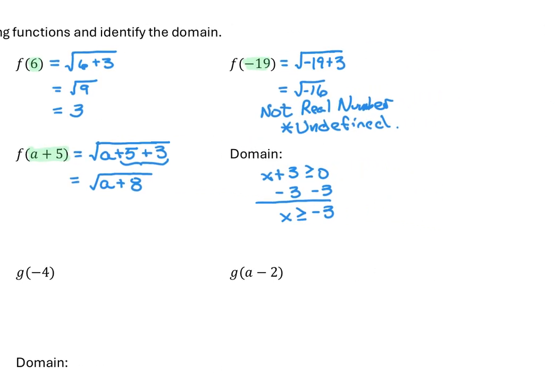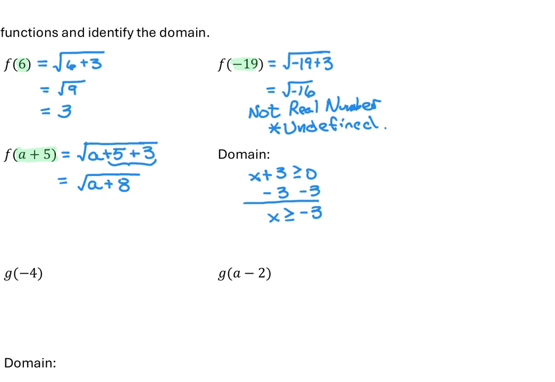And remember that we have two different notations that we can use. If we want to write this in set notation, all we're going to do is have our squiggly brackets. We put our x and our bar, and then we just put this statement again. So we say x such that x is greater than or equal to -3.